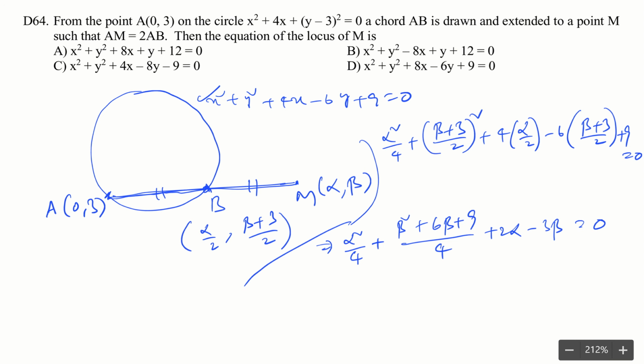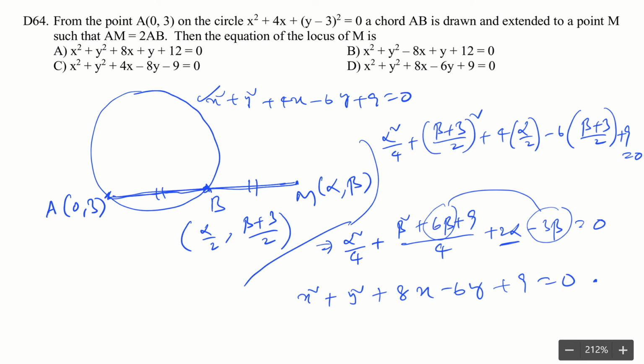So multiplying throughout by 4 and writing the locus of (alpha, beta), I have x square plus y square plus 8x, and here minus 12y, that is minus 6y including this, and then plus 9 equal to 0, which is nothing but option D. Let's go to next problem.